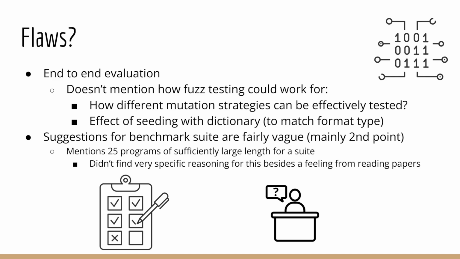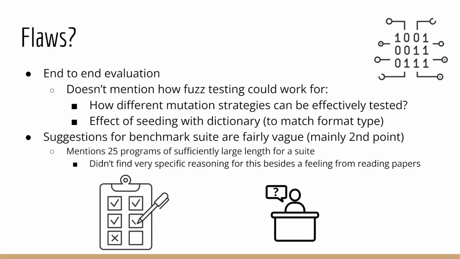How does the seed choice directly affect the performance? It mentions that these things do have an effect, but it doesn't go too in depth about what choices you should make with these mutation and seed choices. That maybe a more specific paper would go into.